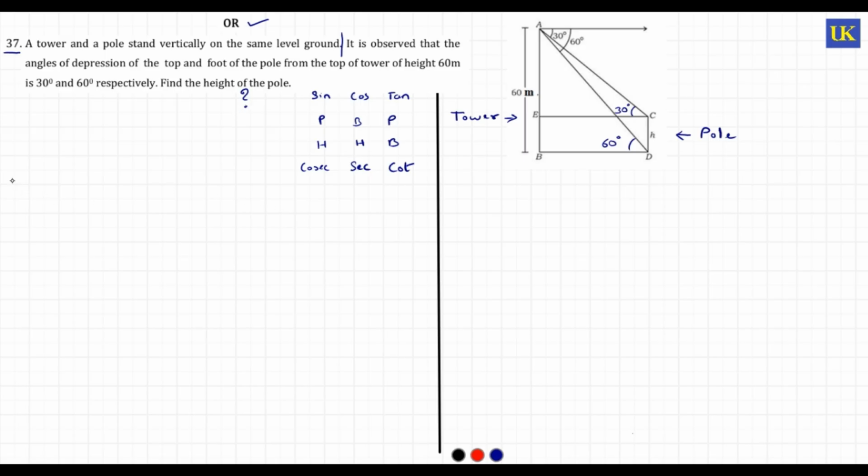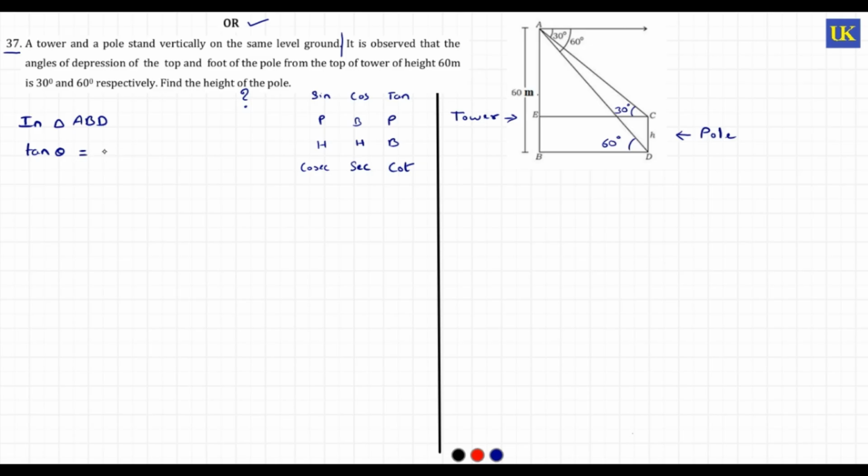Now we'll start. First, we have to consider triangle ABD. So this triangle I will take, and here I'll be taking tan theta.